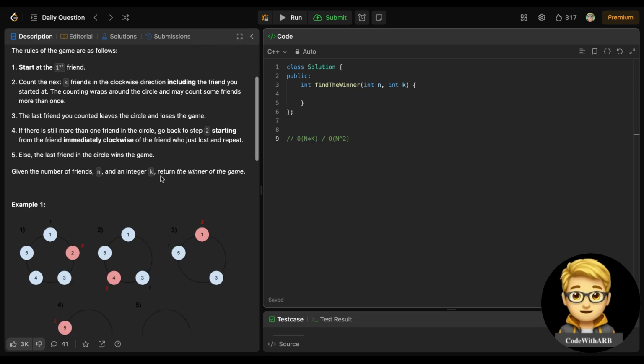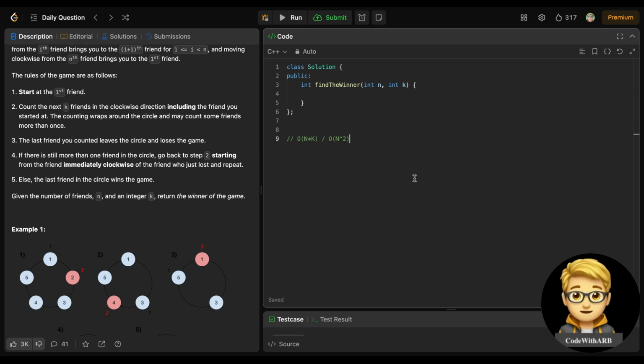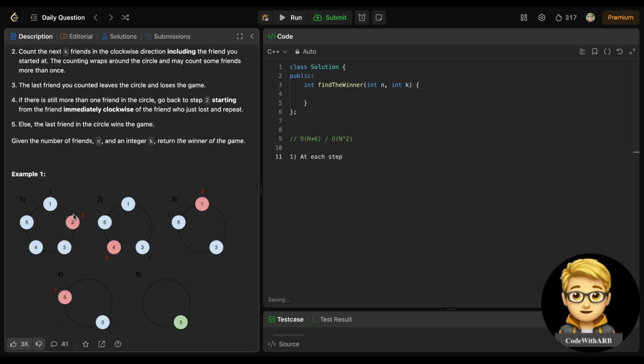So basically at each step, if you see here, what is happening at each step? At each step we are moving till the (k minus 1)th friend and removing that friend from the circle, right?